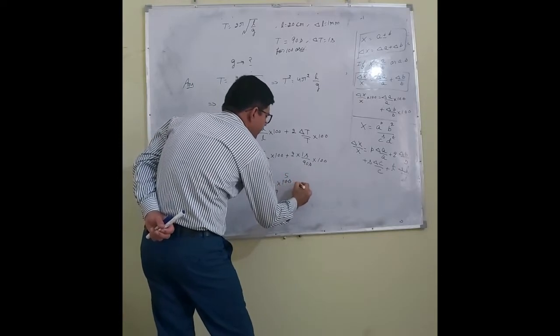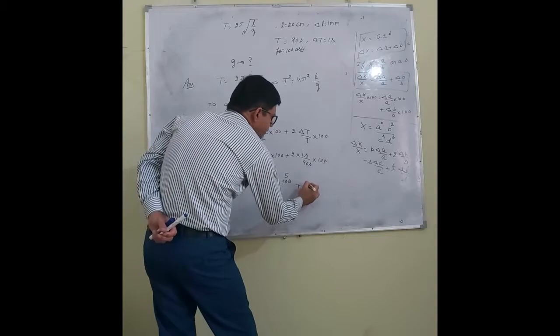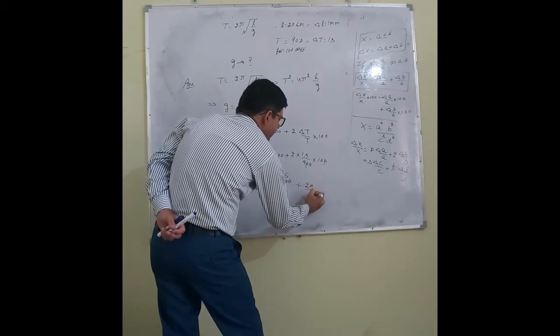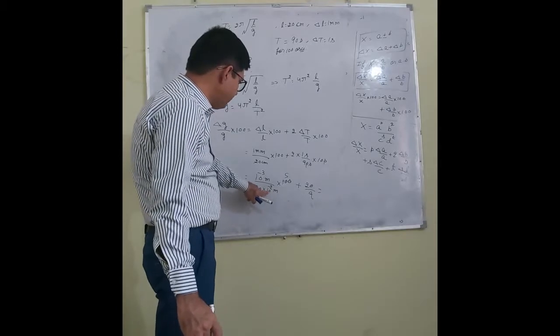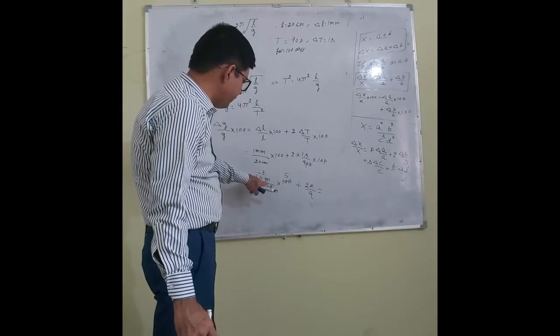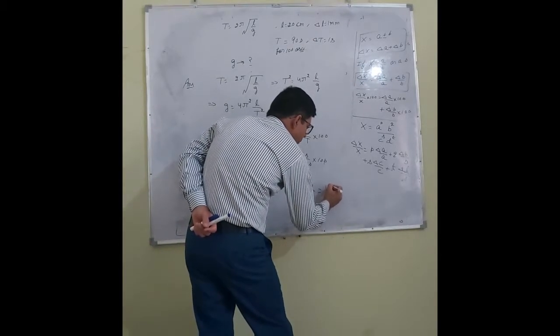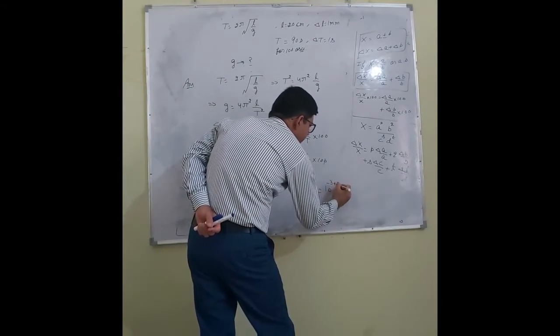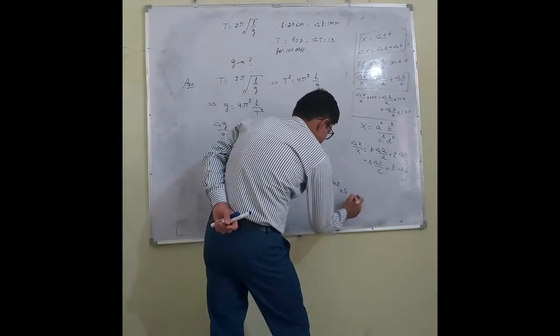25 is 100, and the zero cancels again. So this is 20 by 9. If you solve this, 10 to the power minus 3, let minus 2 go to the numerator, it will be plus, so 10 to the power minus 3 plus 2, multiplied by 5, plus 20 over 9.